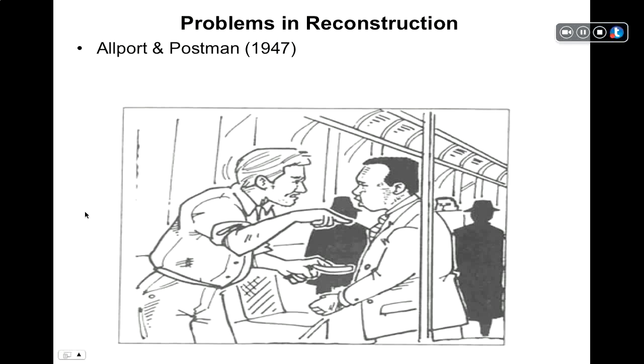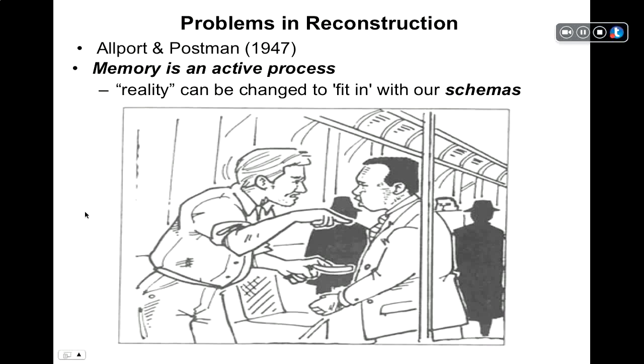So what this illustrates is the fact that memory is an active process. It's reconstructive and it's active. That is, reality can be changed to fit in with our schemas. One of the things we discussed last time is storage and how we store information in the form of schemas.